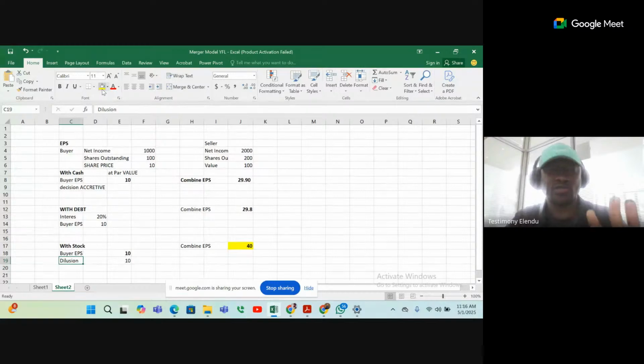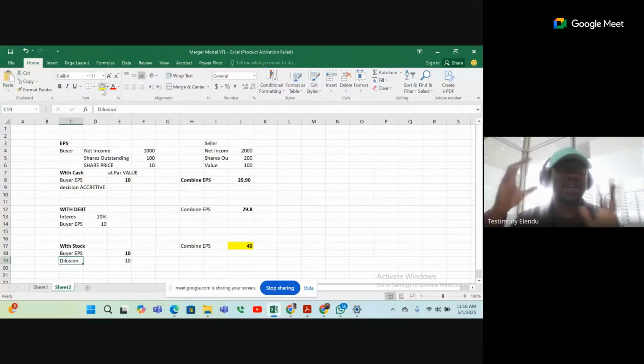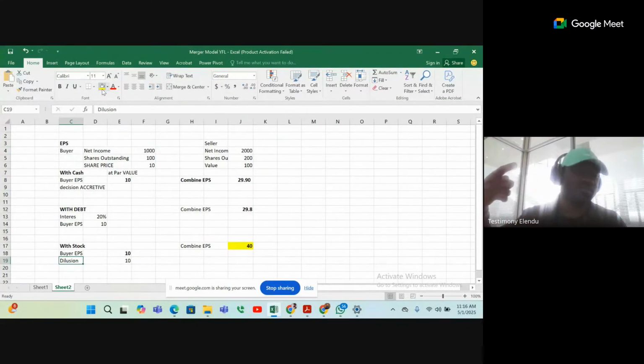Why I wanted to illustrate this here is that the important analysis for M&A is that you are comparing the buyer's earnings per share to the combined earnings per share. And what determines the combined earnings per share is the consideration. If you use cash, if you use debt, if you use stock, it's going to change.